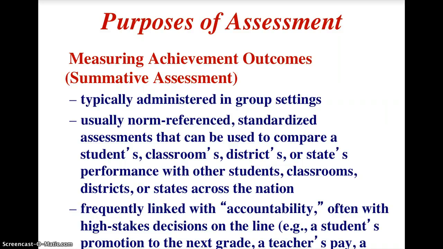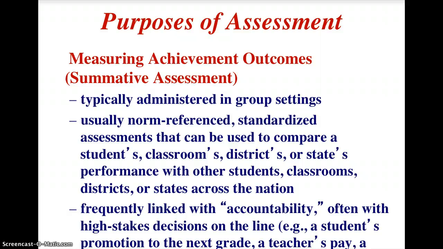It's typically a group administered test, usually norm referenced, and this should be a review, norm referenced means that there was a huge population of students that are given this test and you get your bell curve, and so you can tell where the student lies in relation to other students, their age, their grade, their level, etc.